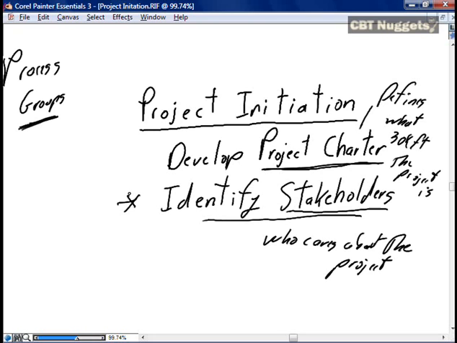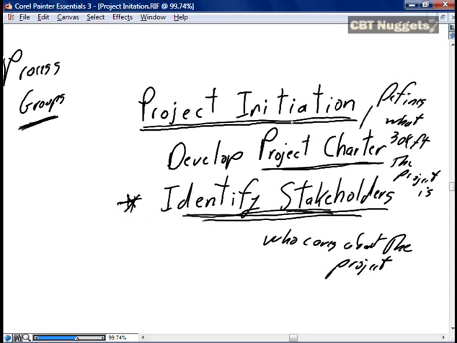Now, I will call out something. At this release of the PMBOK guide, this is a new step, as we discussed in the knowledge areas, the identification of a new step added into communications management. And therefore, this is a new step added into the project initiation process group.